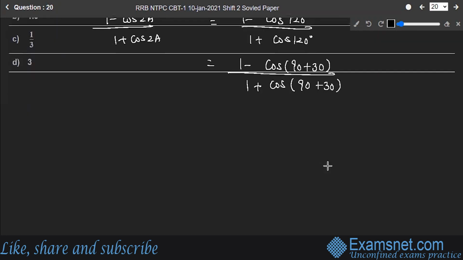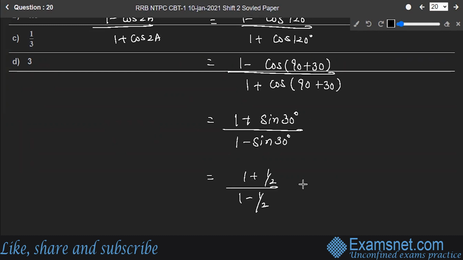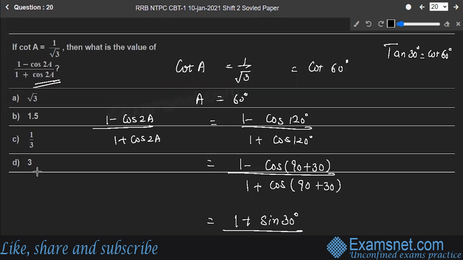You know, cos of 90 plus some angle is equal to minus sine. So you will have 1 plus sine 30 over 1 minus sine 30. Next, sine 30 is given by 1 by 2. So this is 3 by 2 upon 1 by 2, which gives you 3. So we have option D as the correct answer.